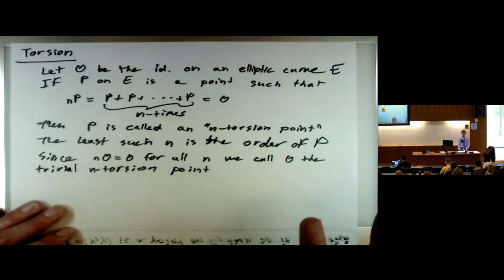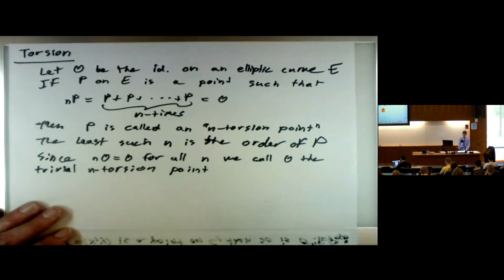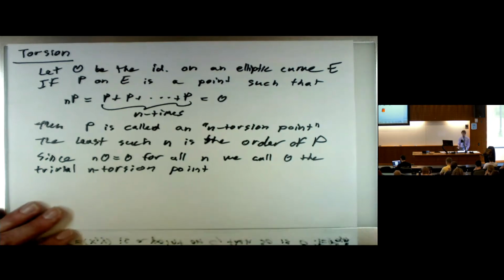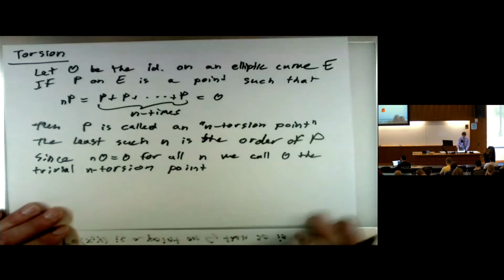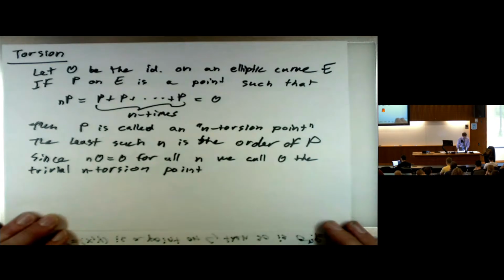So the question of whether we have trivial torsion only comes up over small fields where we might not get everything, like over Q or over F_p, not algebraically closed fields. So that's important.